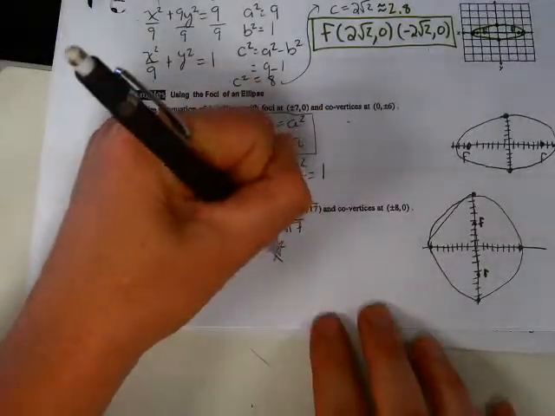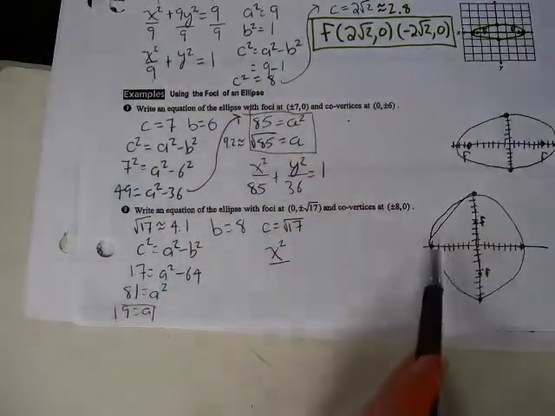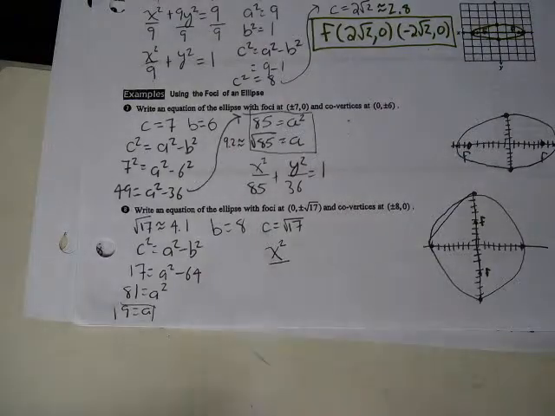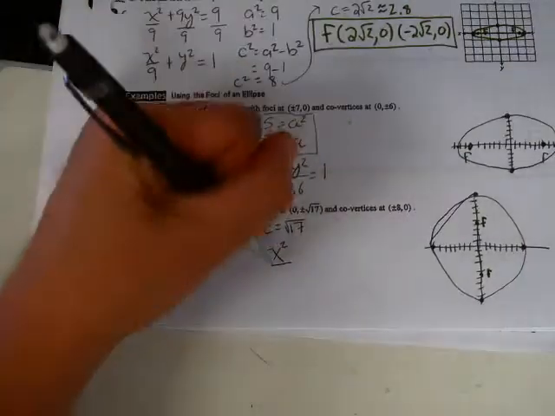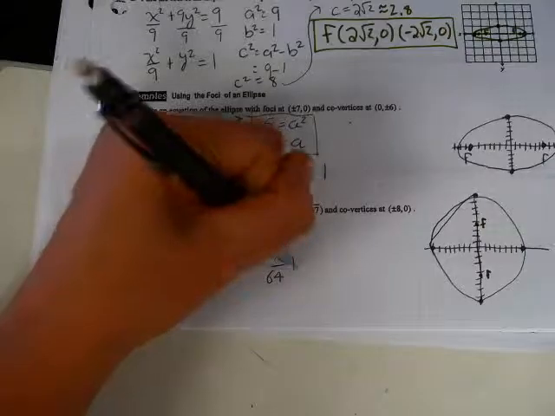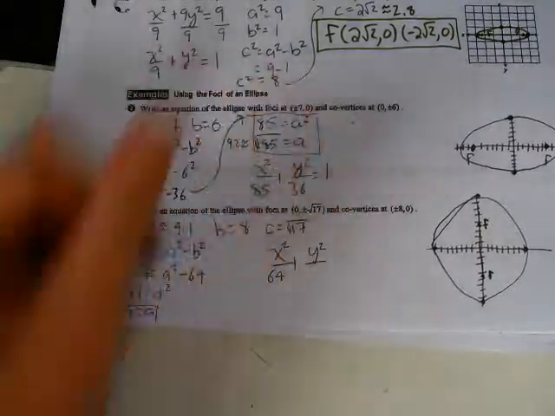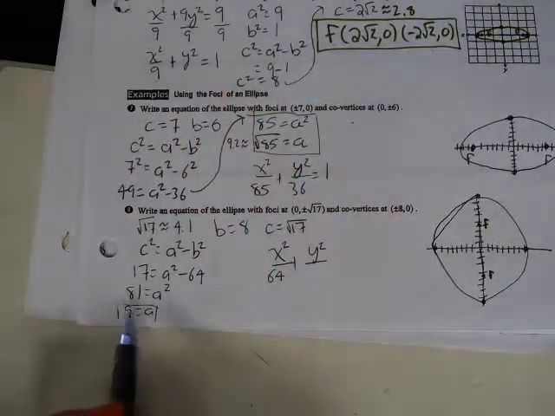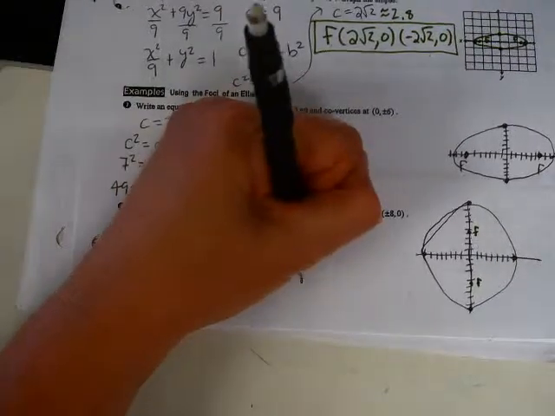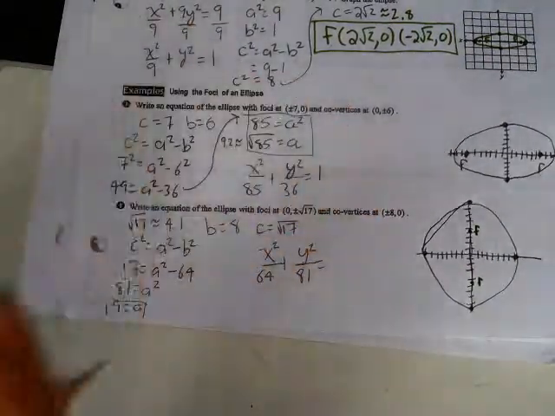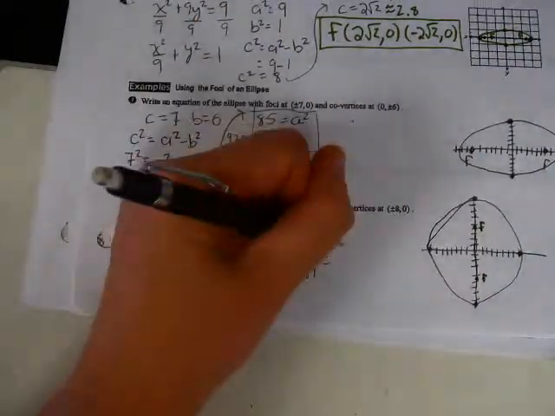So my equation is going to be x squared over b squared plus y squared over a squared equals 1.